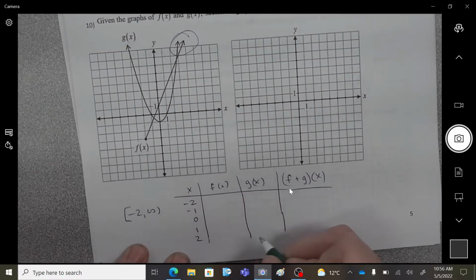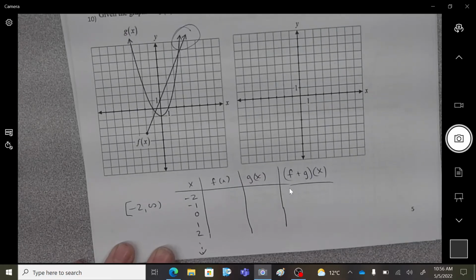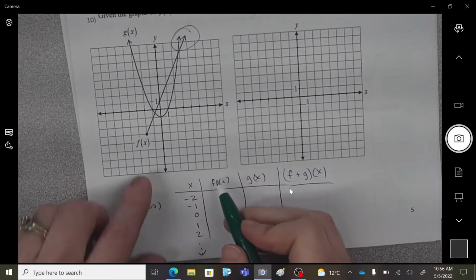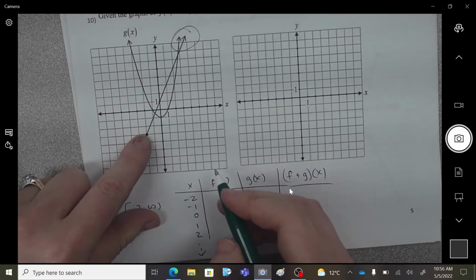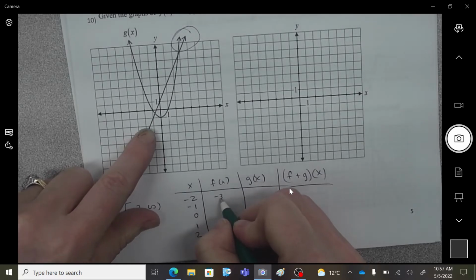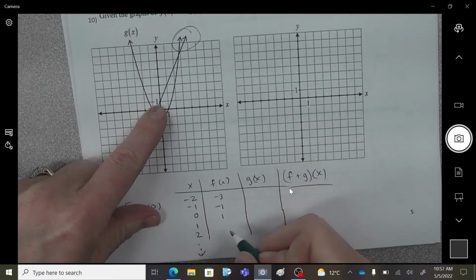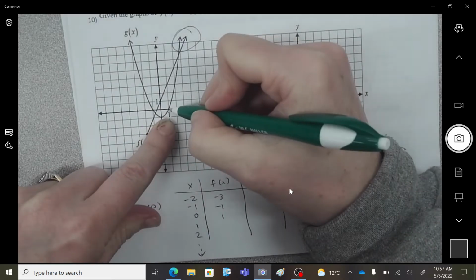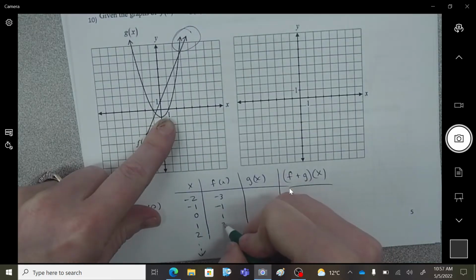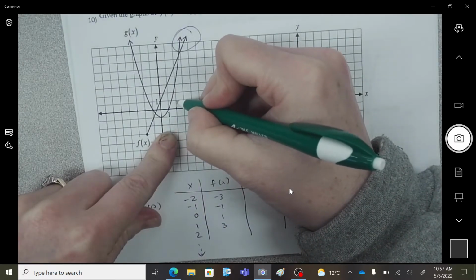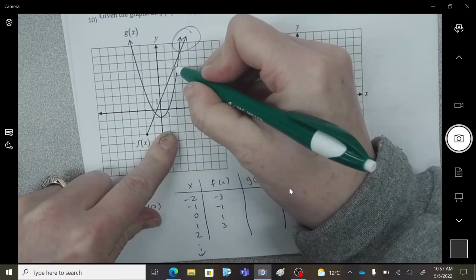I'm going to pick those values, but we do keep going. Okay, so the f, I'm going to go with the heights, so negative 3, negative 1, 1. At 1, we're at a height of 3. 2 comma 5.